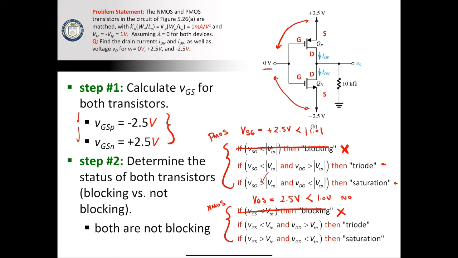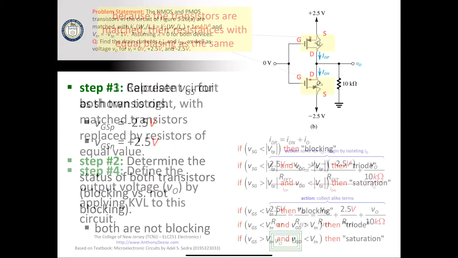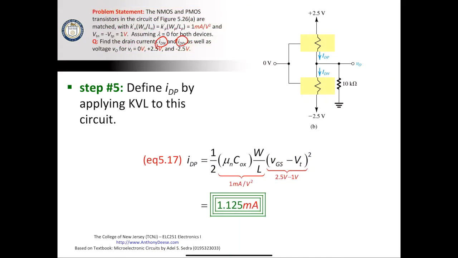It is. So we're in saturation. Same thing down here. So actually, on the first slide, you can see that we're in saturation region. And anyway, we apply this equation for the transistor in the saturation region. We work backwards. We calculate what our VOV is. We go ahead and calculate our IDP, and that gives us 1.125 milliamps. And then you could do the same thing for IDN and V out.